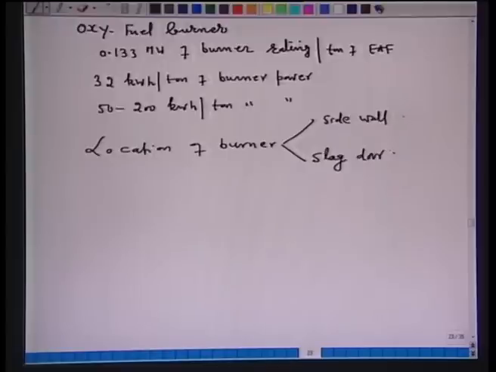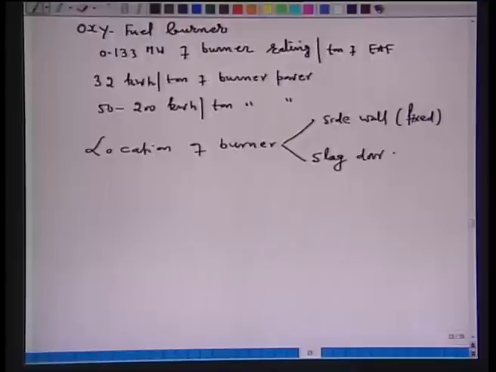Side wall burners are the fixed mounting type of burner. With the slag door burner, you just take a submersible lance, go through the door, inject, and again take it out. So, the removal and injection is easier for a slag door, whereas when the burner is mounted fixed on the side wall, then a burner is required where all the 4 requirements of oxygen can be met.